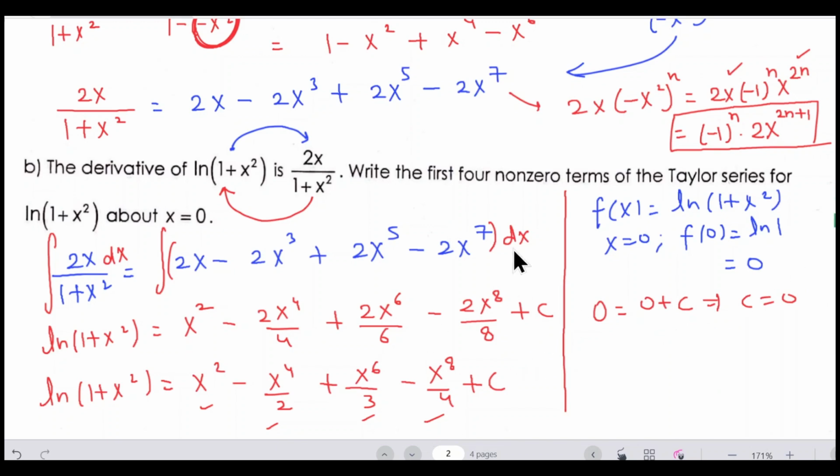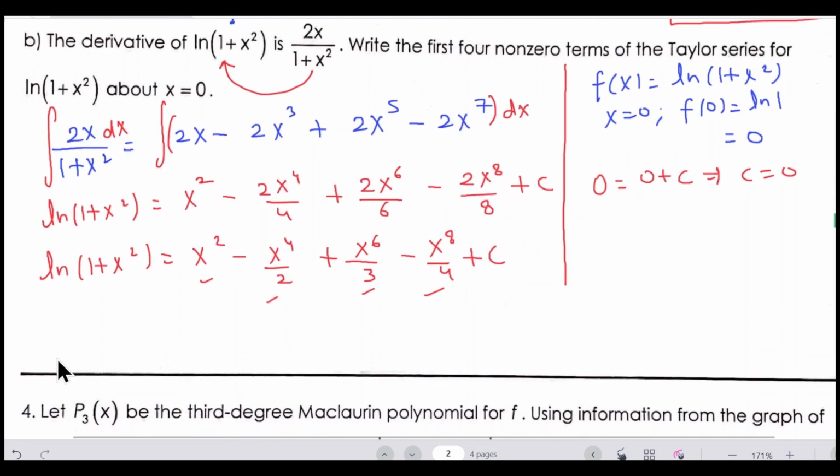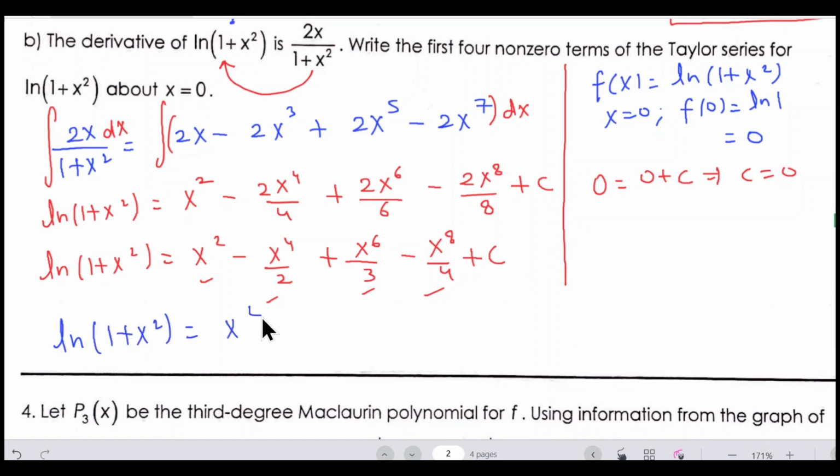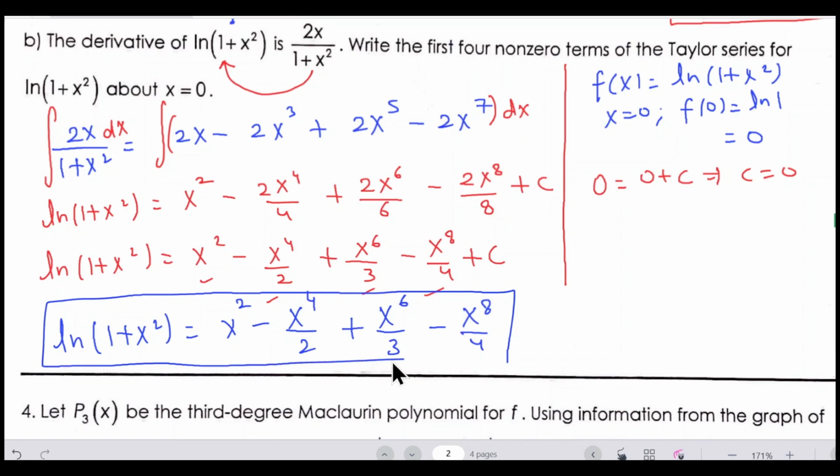So the answer is the same thing with c replaced with 0: x squared minus x to the 4 over 2 plus x to the 6 over 3 minus x to the 8 over 4. I think that should be our answer.